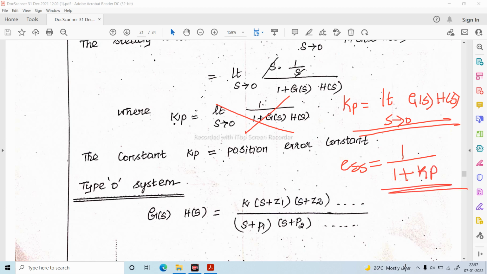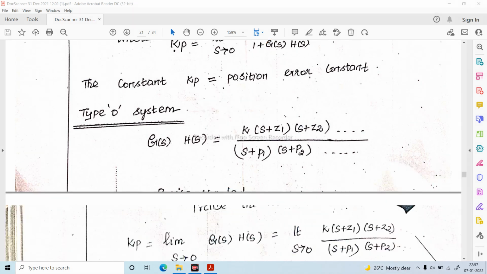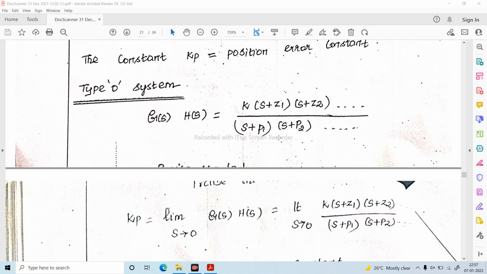Okay, next I am going to explain the type 0 system. So how to write the general transfer function: K into S plus Z1 into S plus Z2 divided by S plus P1 into S plus P2. For a standard system, the denominator having poles and numerator having zeros, we have to write like this.